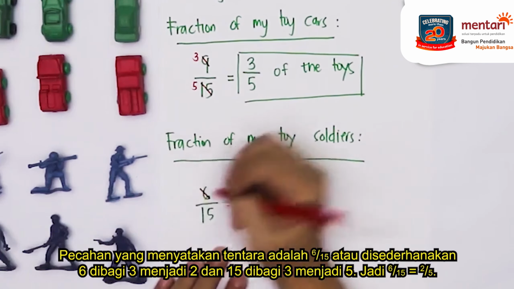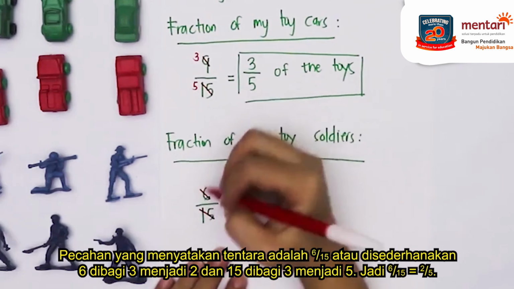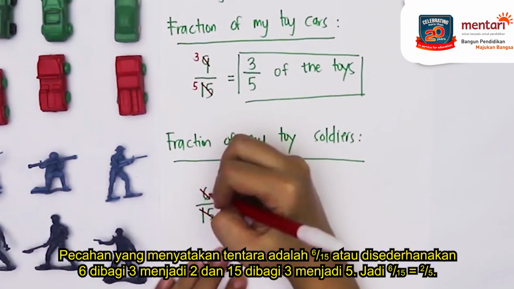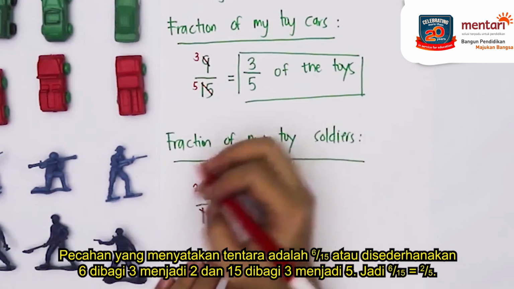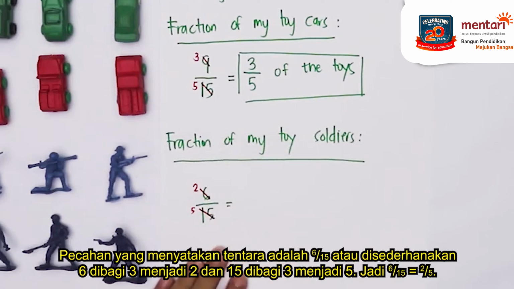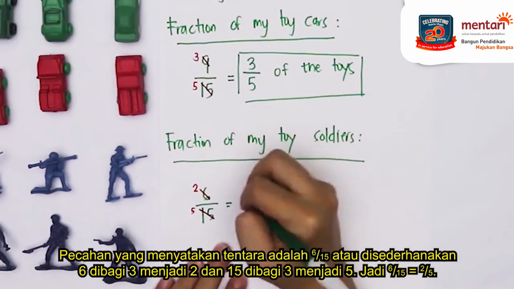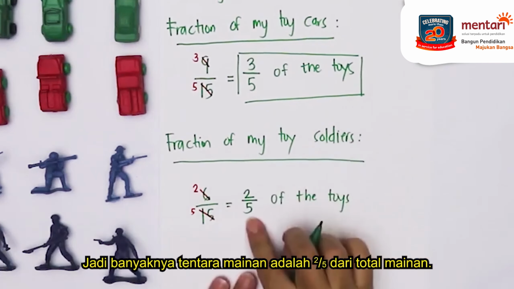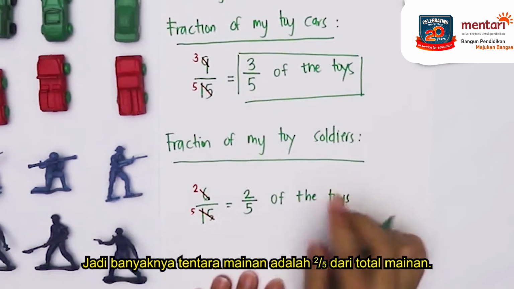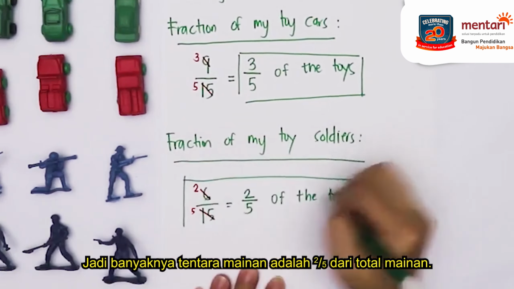They can both be divided by 3. 6 divided by 3 is equal to 2. 15 divided by 3 is equal to 5. Therefore, 6 out of 15 in simplest form is 2 out of 5. So, 2/5 is the fraction of the toy soldiers.